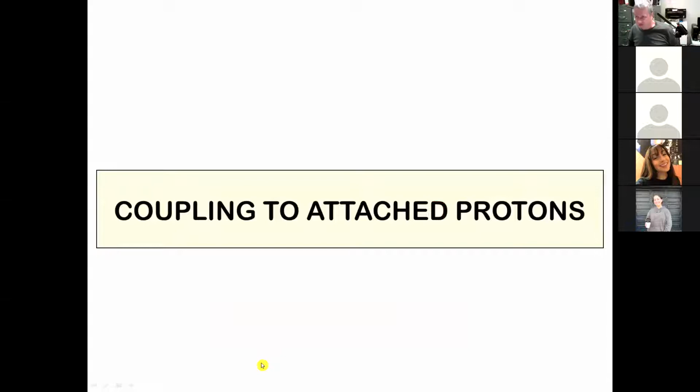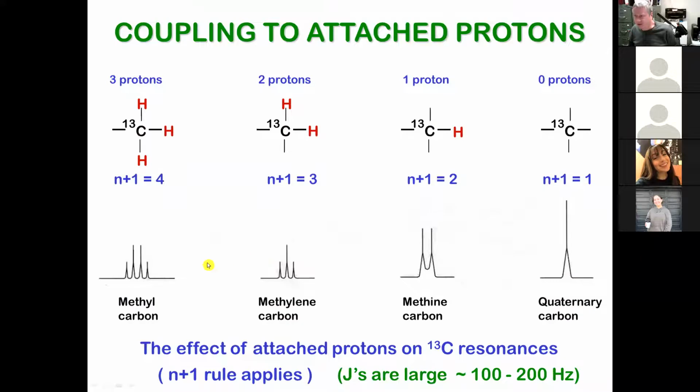Okay, so first we're going to talk about C13 coupled to protons, and then we're going to see, oh, it's really messy, and we want to get rid of it. So I'll show you how. If I have a C13 with 3 protons on it, the carbon signal is actually split into a quartet, so 4 peaks. Why? Because there's 3 neighbors.